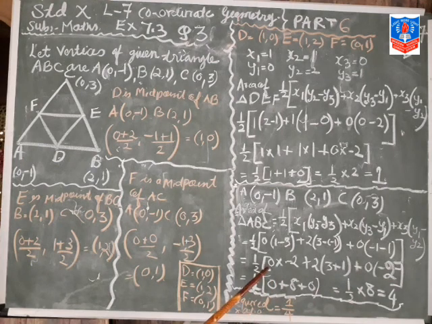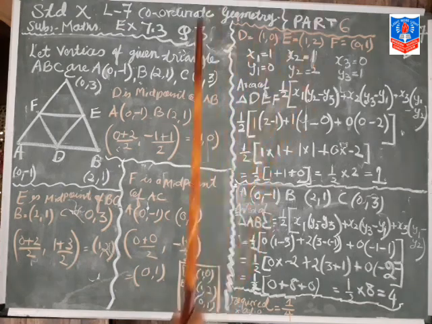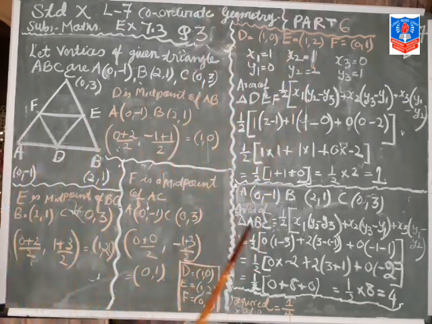So here 0, 2 into minus 2, 0, 2 and 4. 4 2s are 8 and 0 multiplied with 0. So 1 upon 2 into 8. So here it is given 4. So required ratio equals area of triangle DEF upon area of triangle ABC. That is given 4. So required ratio you have to write 1 upon 4.